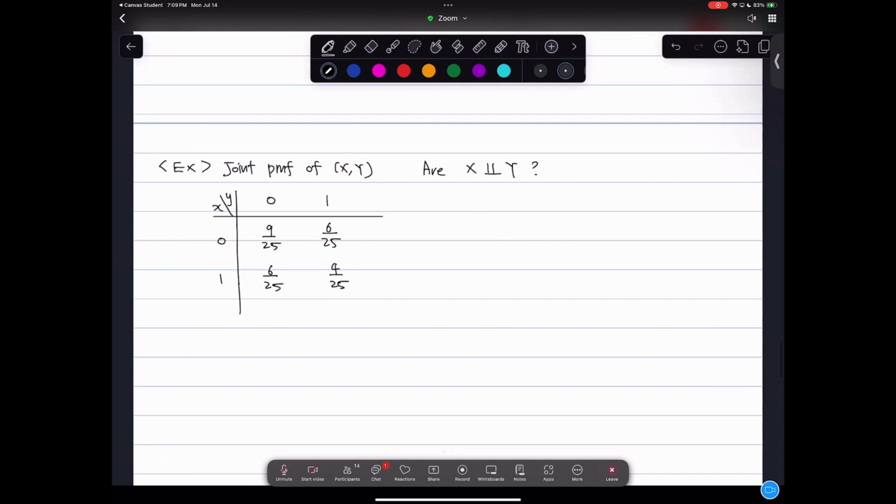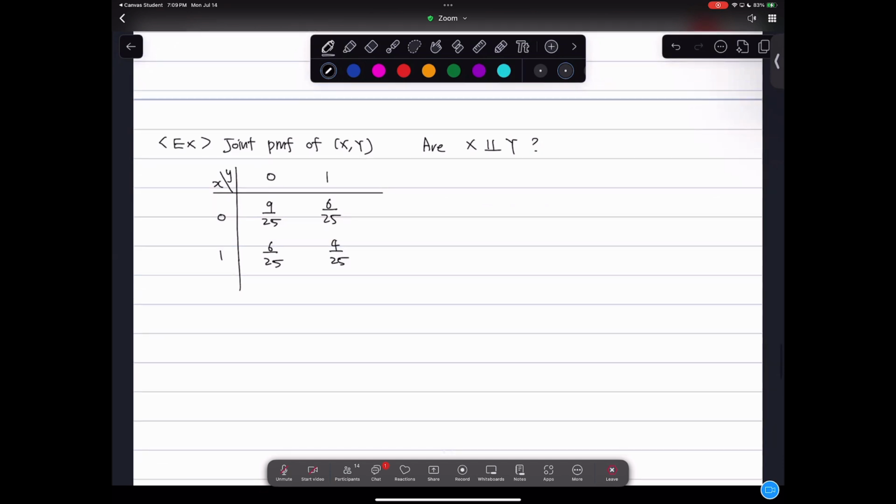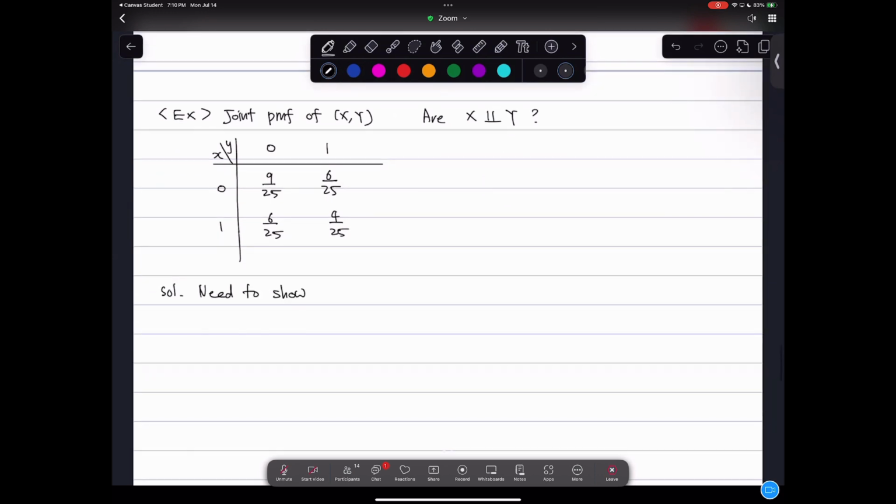Are these x and y independent? Well, I have to check it. So I need to show that for every single xy pair, f of x,y is equal to f of x times f of y.